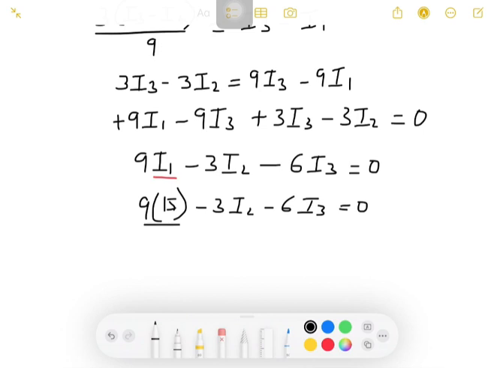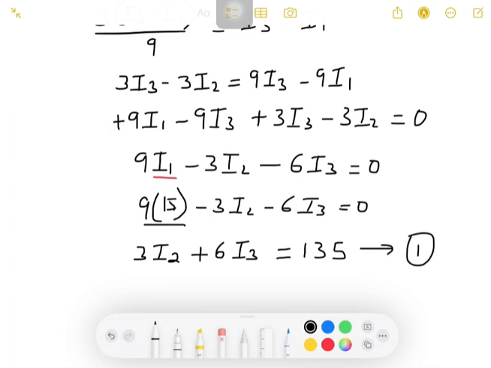That will be 3 into I2 plus 6 into I3 equal to 135. So let us take this as equation number 1. 135 is 9 into 15. So this I got from the first equation.